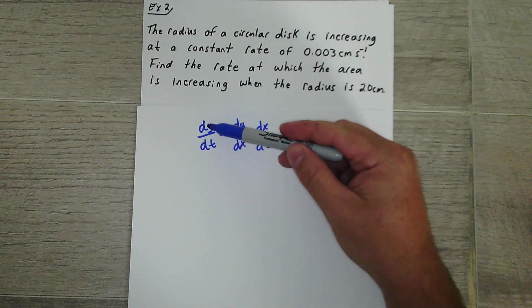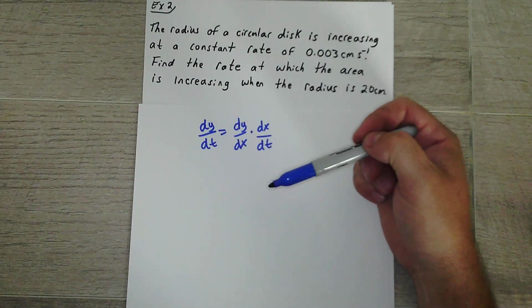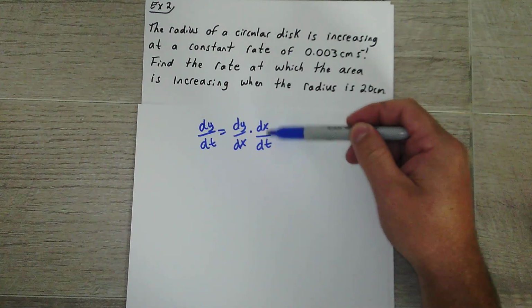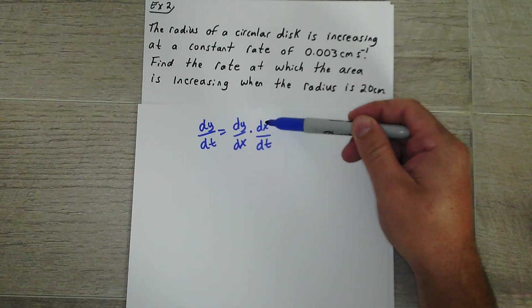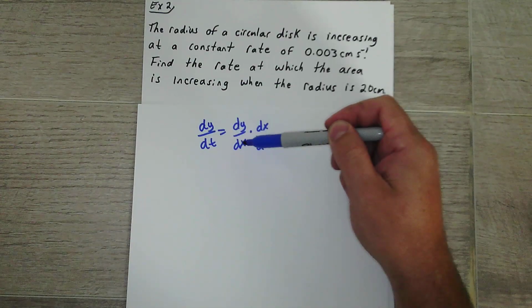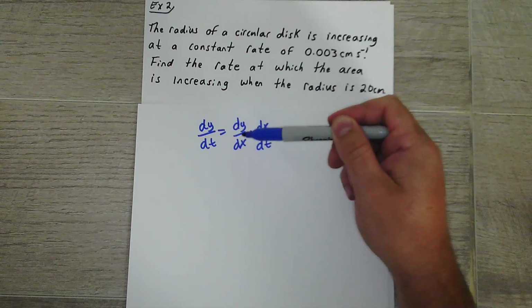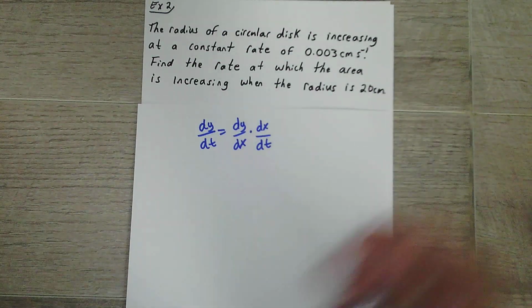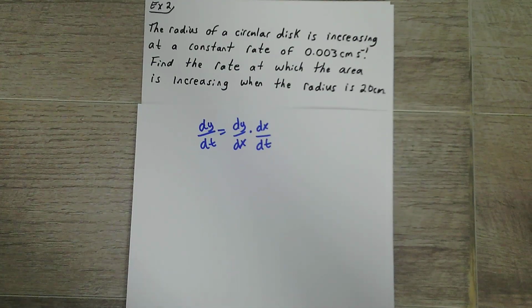It means the rate of change of y. And the same thing for dx/dt. It means the rate of change of x. And then dy/dx, that's just the derivative of the equation y, or whatever equation you have in your problem. Okay, so the first step is always write down this equation because that's what you're going to need.